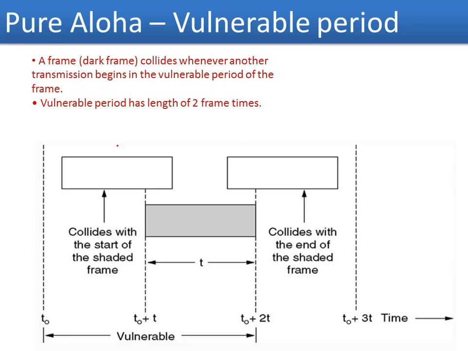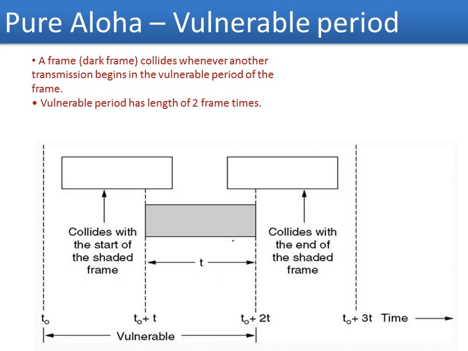Now here we will see how to calculate throughput for pure Aloha. Let's say this is the frame, and this frame requires time t to transmit from one node to another node, and we want to see what the throughput is.